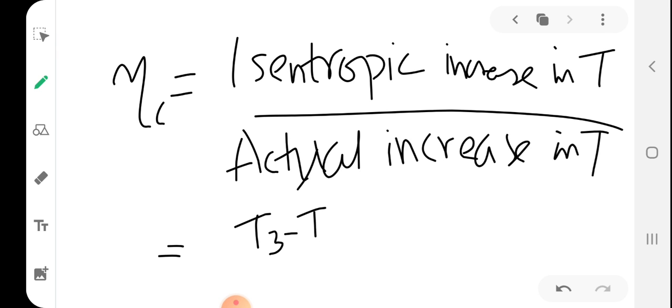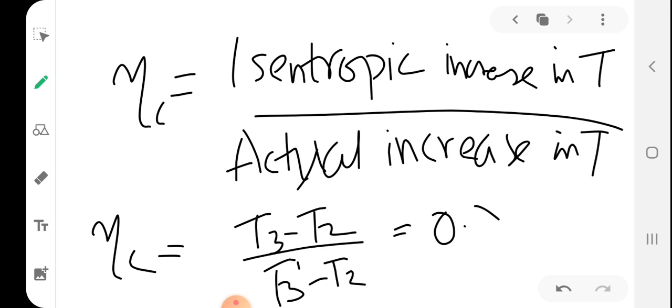T3 minus T2 by the actual increase in T, T3 dash minus T2. So this is the efficiency, and this value is 0.85. Okay. So this is the important concept.